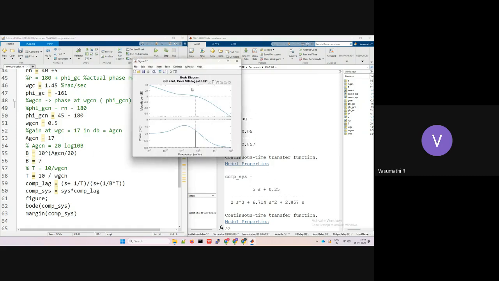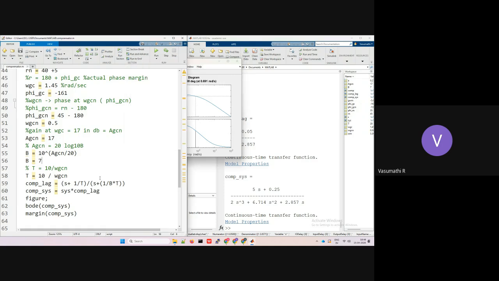I think I'm doing some mistake here. 1 plus S plus 1 by T divided by S plus 1 by beta T. Compensated lag system.